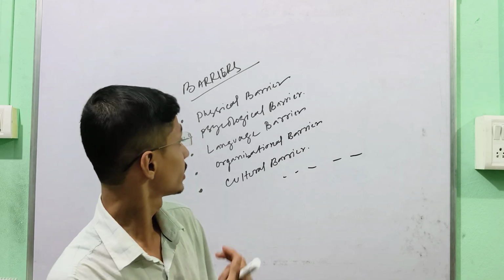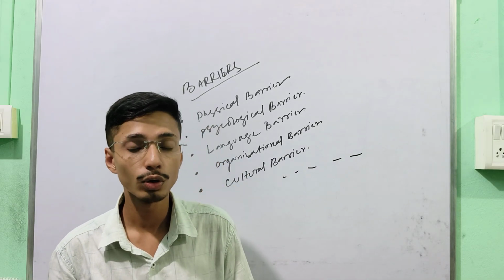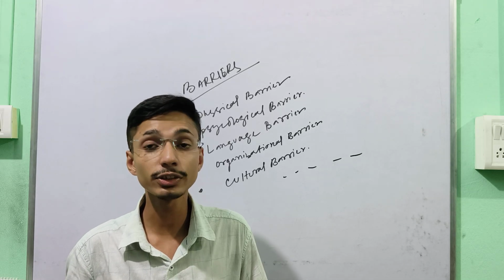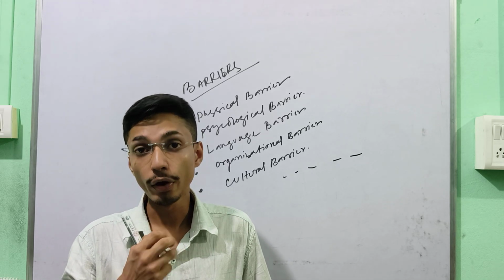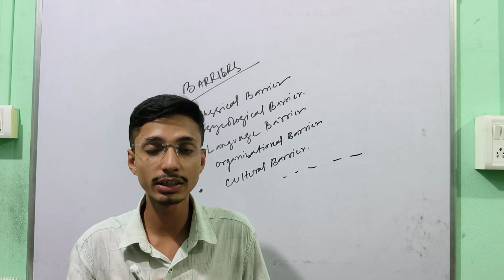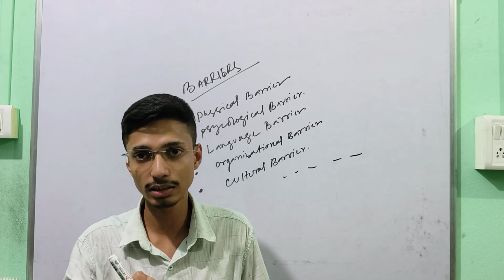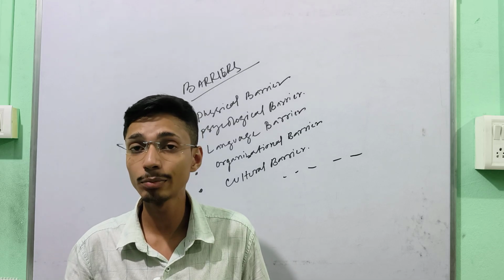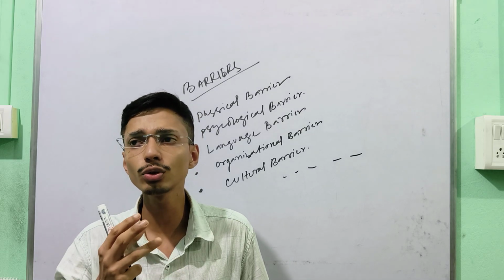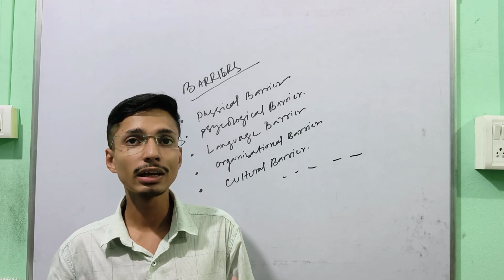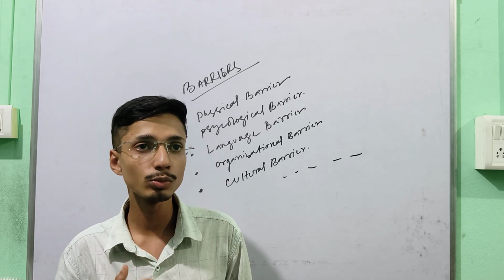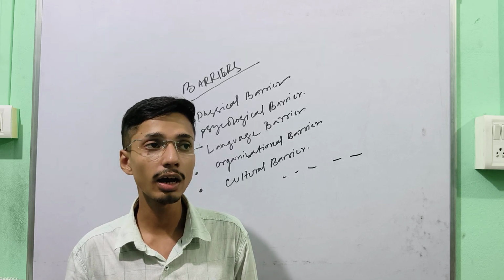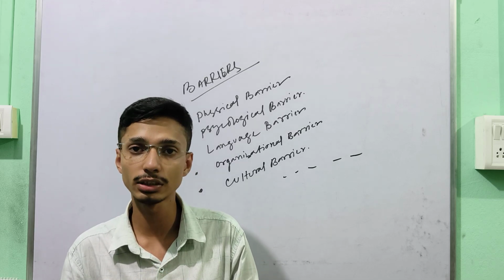Suppose first one is physical barrier. Which type of problems can generate during physical barrier? First problem is when we communicate with a person or a listener over a long distance, then the communication process has to face a few disturbances, like we can't easily share our thoughts and emotions in a short time, we can't get feedback properly, and we can't generate a proper understanding between sender and receiver.